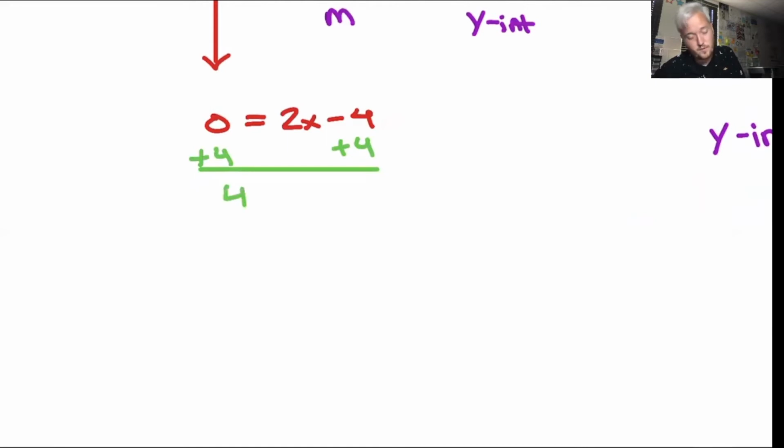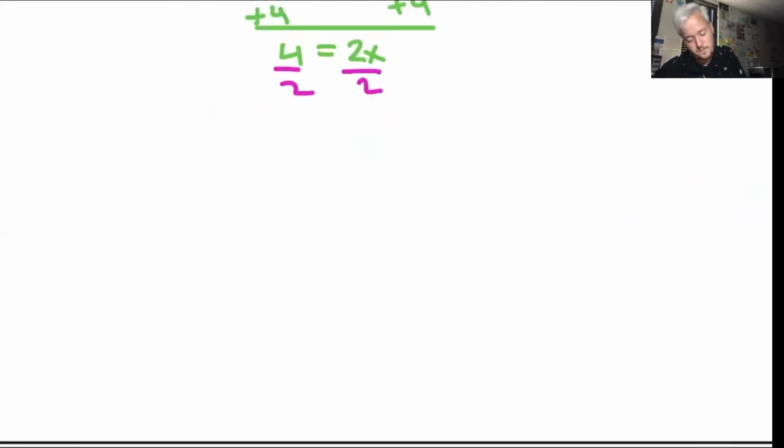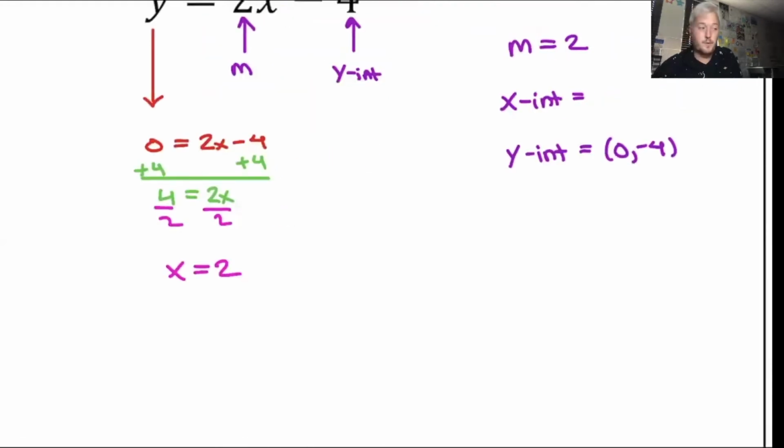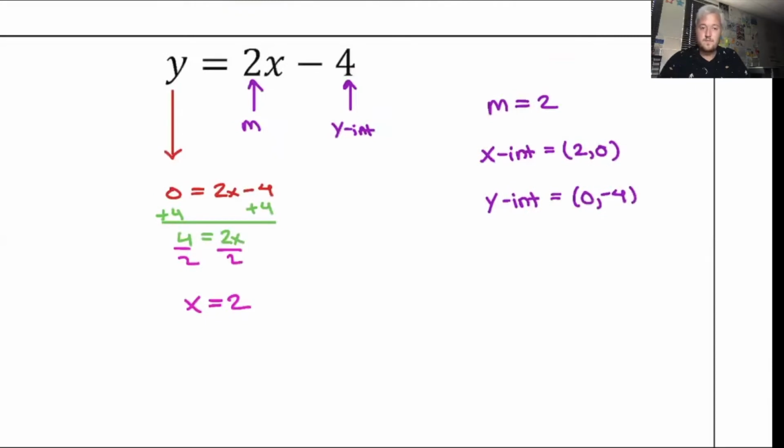So I have 4 equals 2x. Now divide both sides by 2. So x equals 2. Now remember, you want to write it as a coordinate. So this would be 2, 0. So there's all of our attributes for this one.